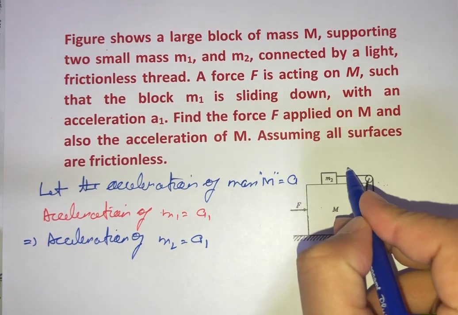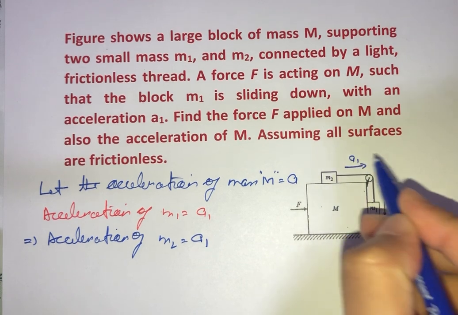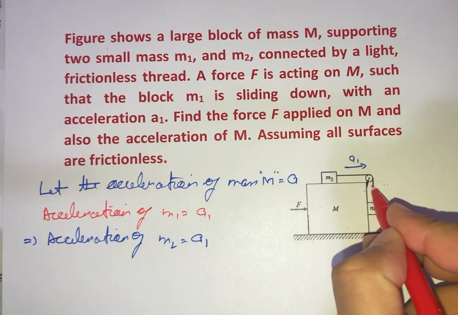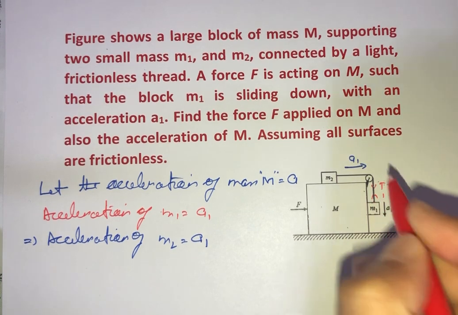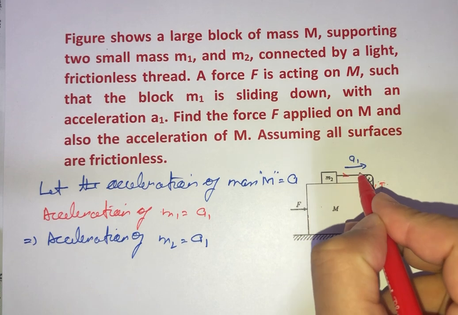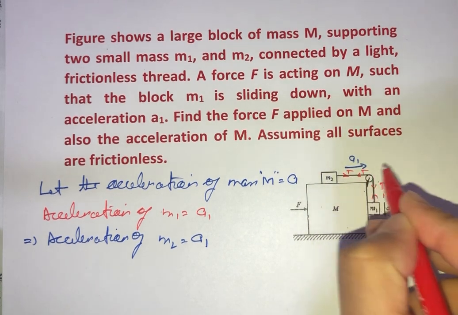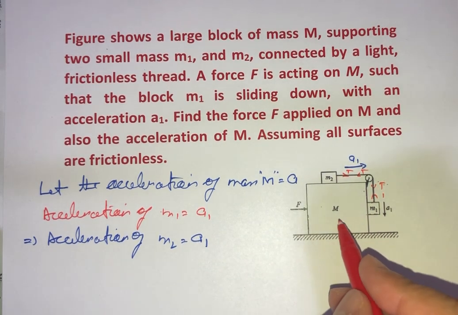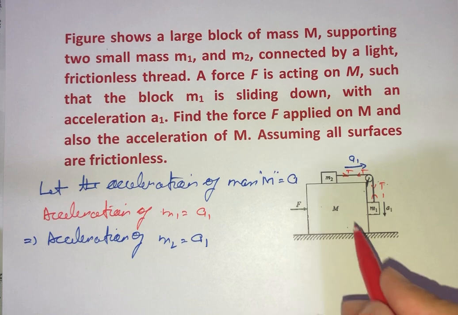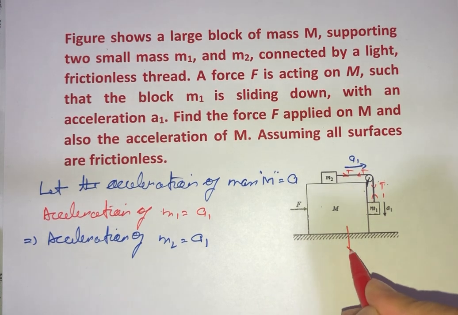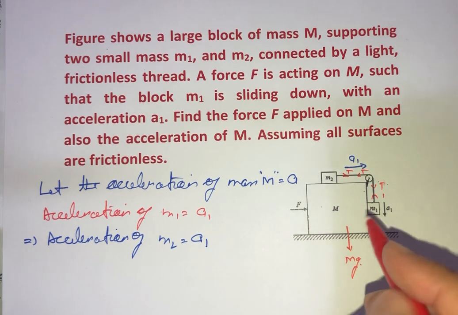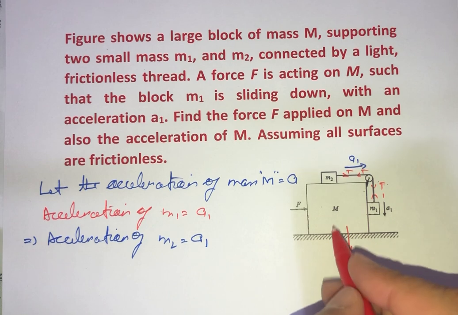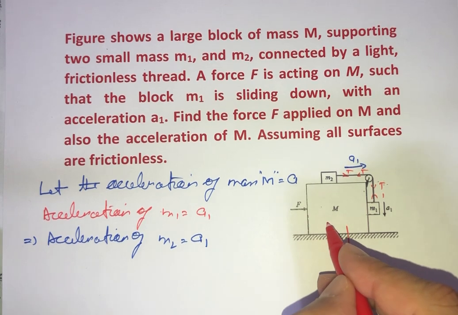We can say m2 will be moving in this direction with a1, and there will be a force of tension, and there is a single string, so the entire force of tension will be T. Now we are going to have Mg because of this capital M in the downward direction, and because of this surface, let us suppose there is a normal of N3.